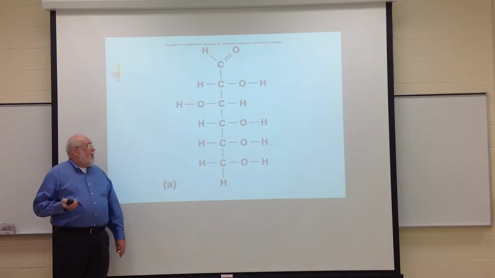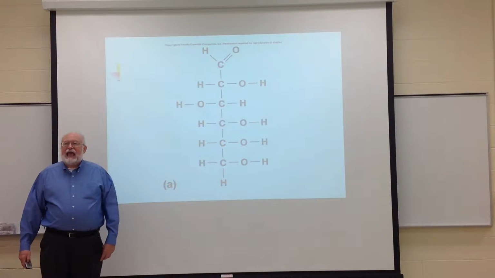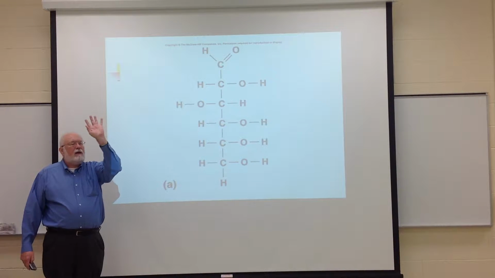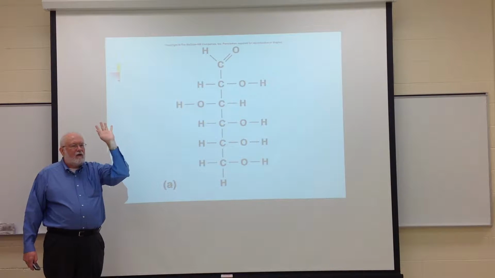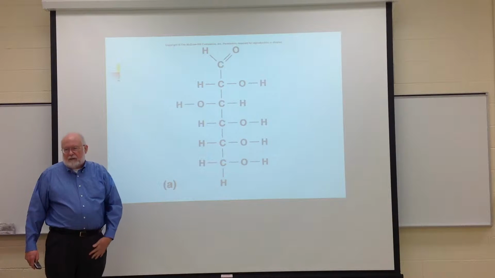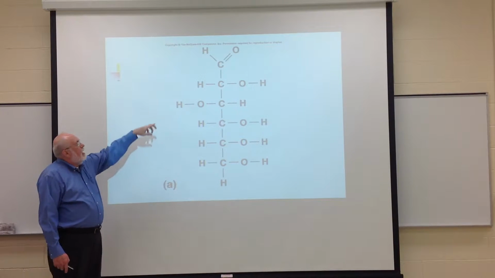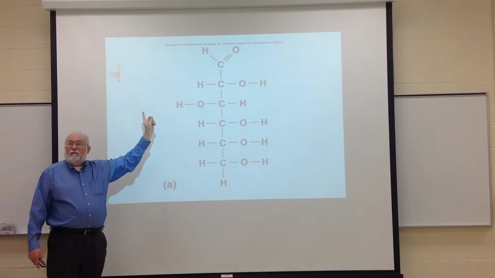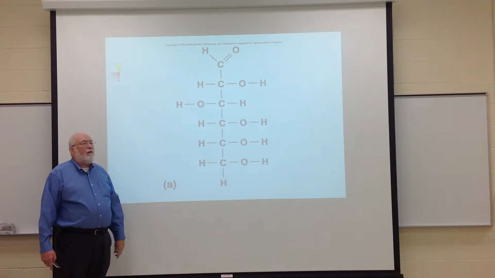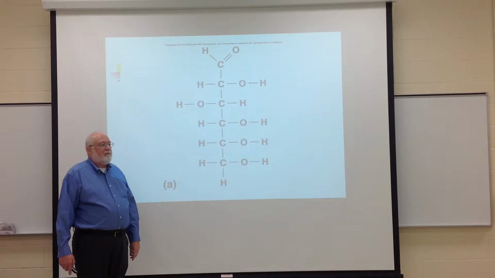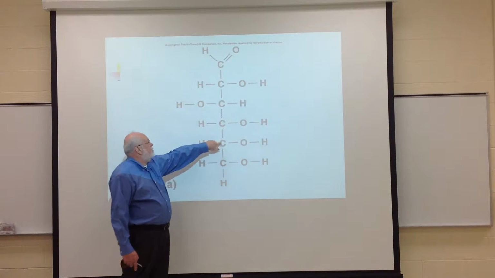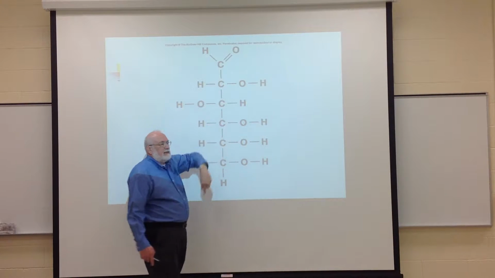Okay? Now, here is a structural formula, and don't go into heart failure. I'm not going to expect you to draw this out from memory for me, not in this class. There we have glucose. How many carbons did we say it has? 6. 1, 2, 3, 4, 5, 6. There they are.